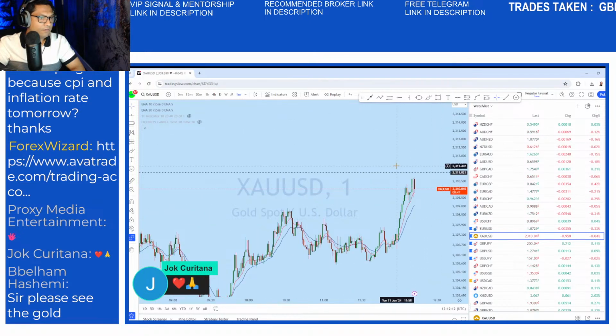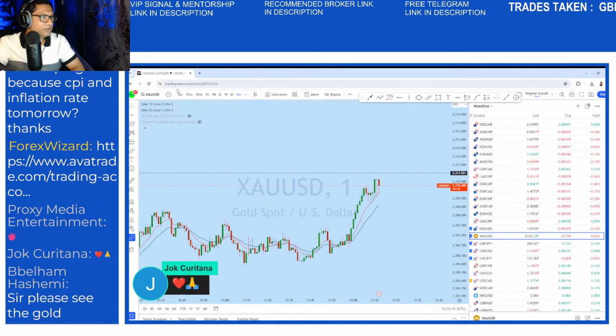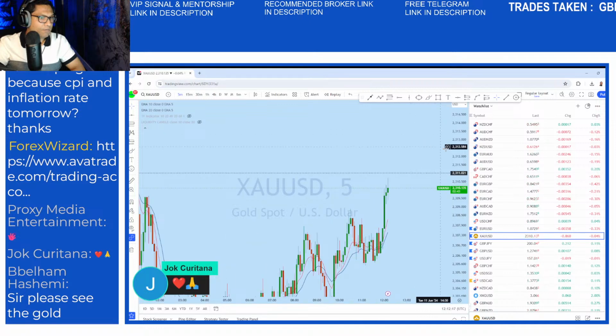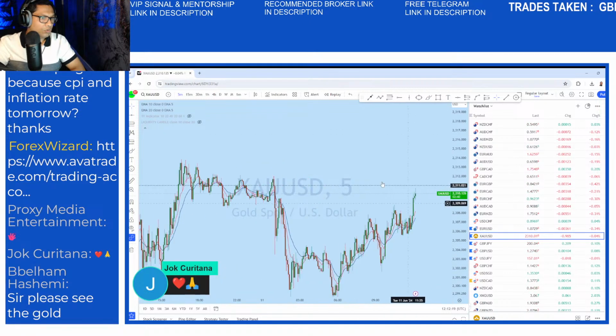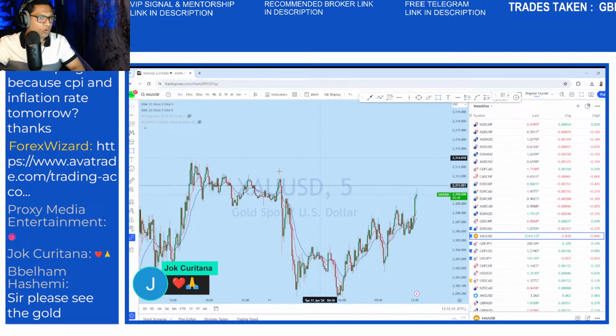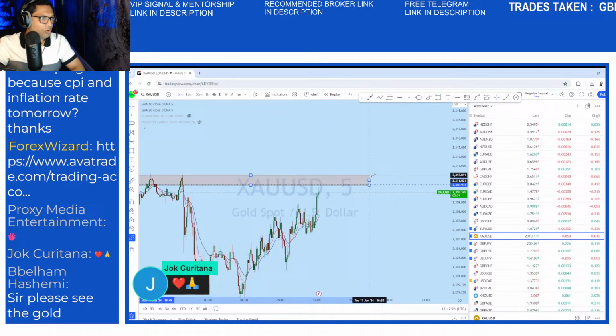So the 1 minute daily resistance. So there is a potential for opportunity on gold as well. It's a very high area of value on gold. Above this level, there is liquidity. As you can see, I always look for the liquidity zone.